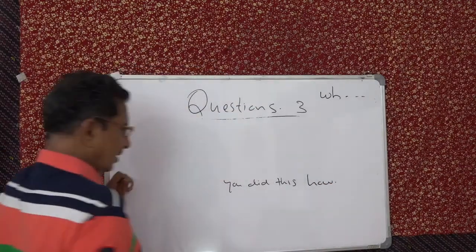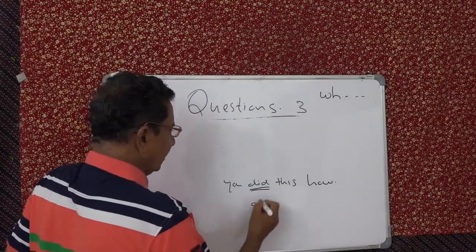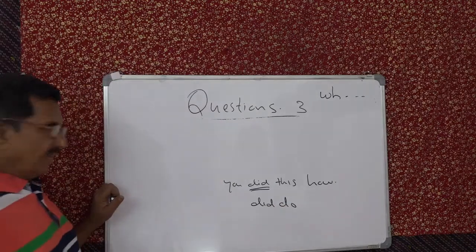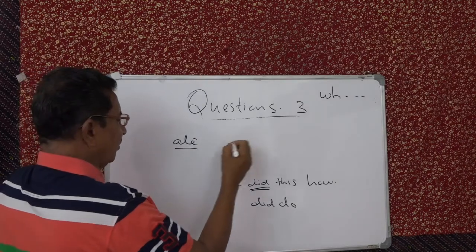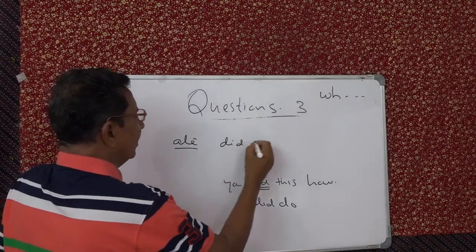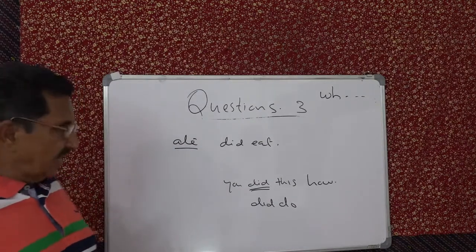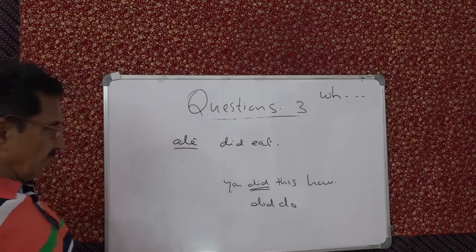Right here. Then this is equal to did do. Like did eat. You did is equal to did do for a question.